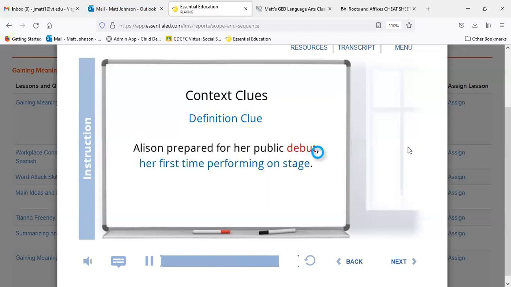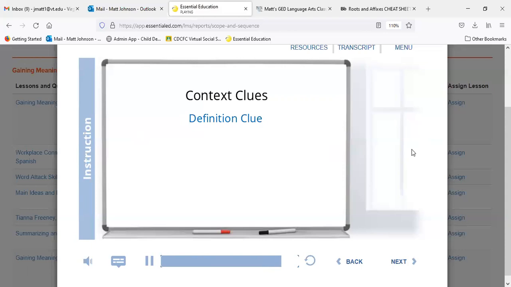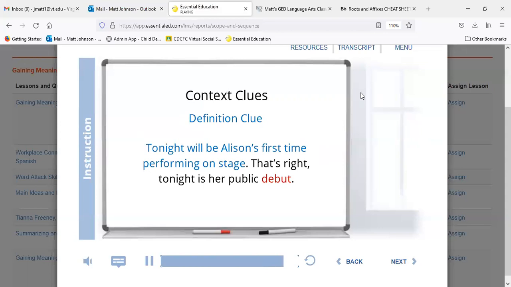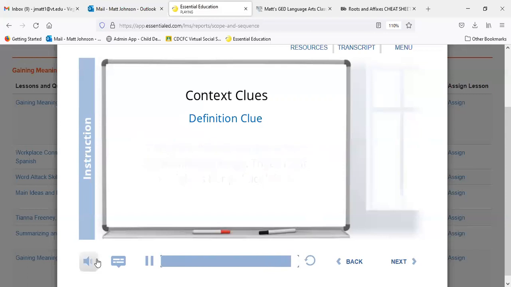Allison's debut is her first time performing on stage. A definition clue might even appear before the word it is defining, like in these sentences here. Tonight will be Allison's first time performing on stage. That's right. Tonight is her public debut. The definition comes in one sentence, and the word it is defining comes in another sentence.